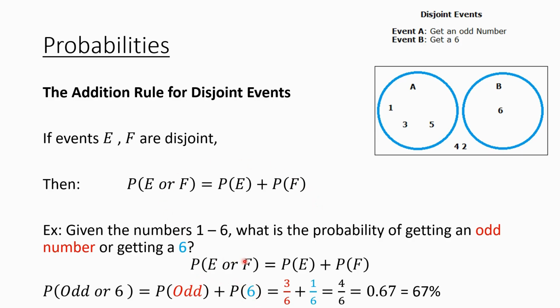So the probability of getting an odd number, I've got 1, 2, 3 possible odd numbers out of 6 total numbers. The probability of getting a 6, I've got 1 possibility out of 6 total possibilities in my sample space. And if I add those together, that gives me 4 out of 6, or 0.67 or 67%. So we can use this addition rule for disjoint events.